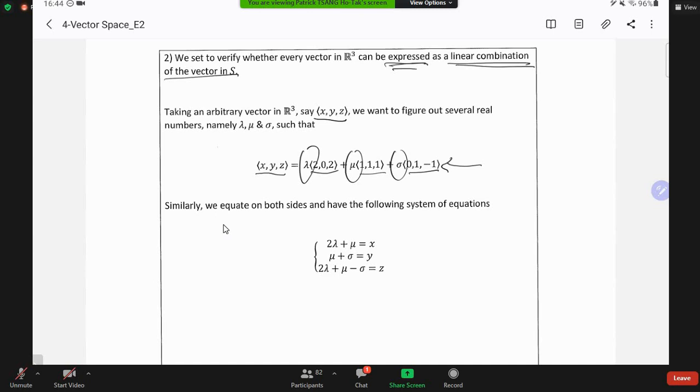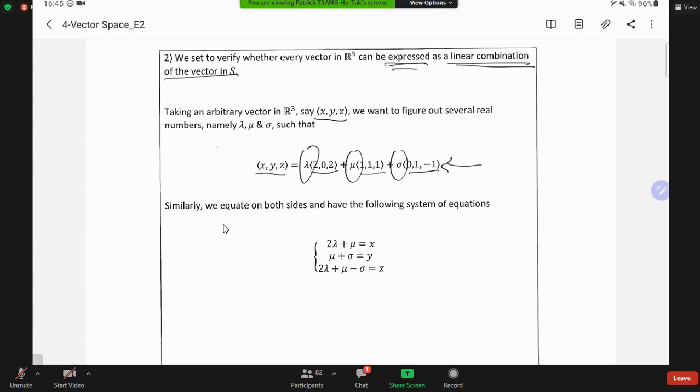I hope you still remember we discussed the idea of linear combination in topic 2 and at the very beginning of this material. So this is not new to you. Then our job is to find out whether or not these real constants lambda, mu, and sigma exist.